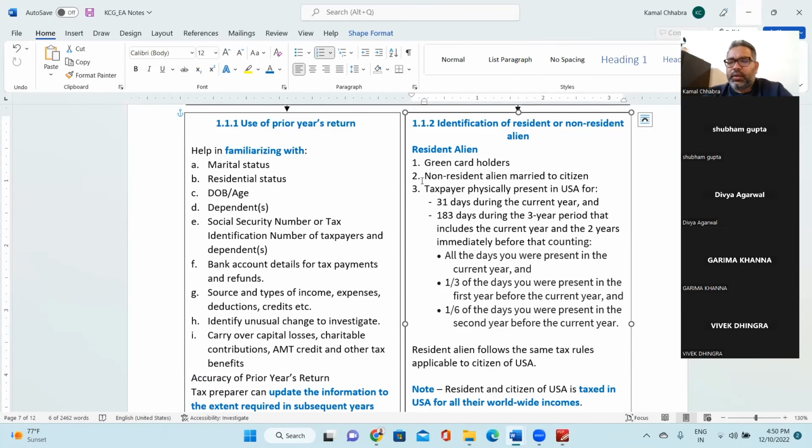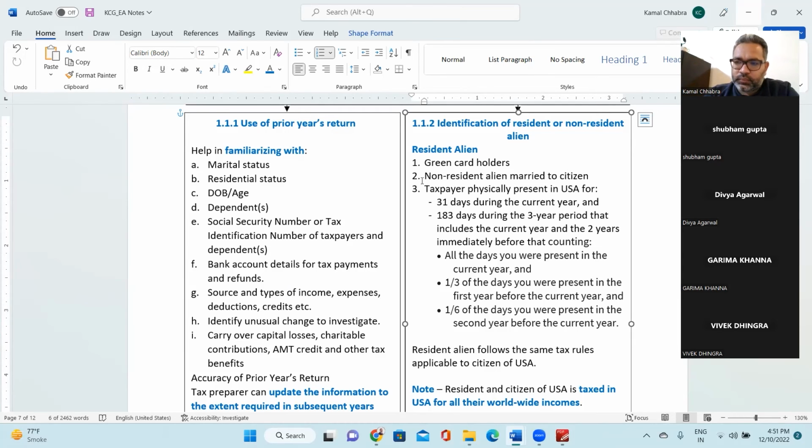Shubham is saying my client is a green card holder and he got married to a non-resident person. Whether he married in the United States of America or outside, it does not make any difference. The spouse with whom the client has got married will also be considered a resident.